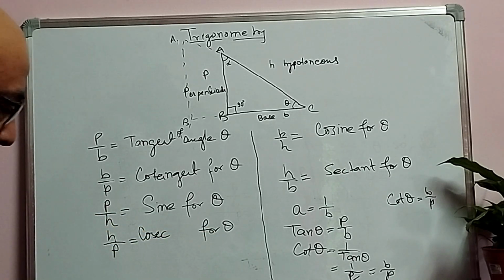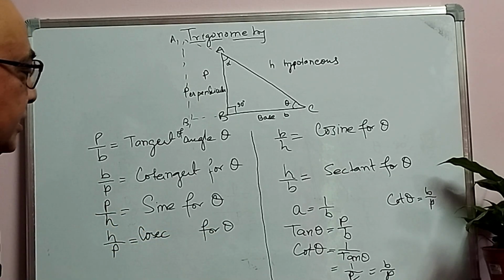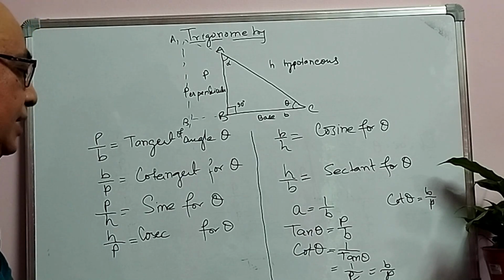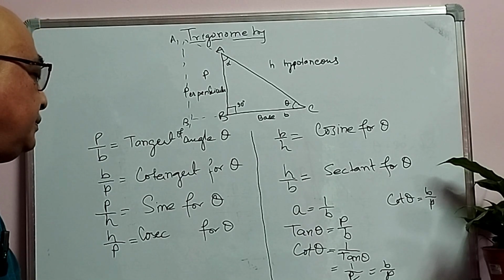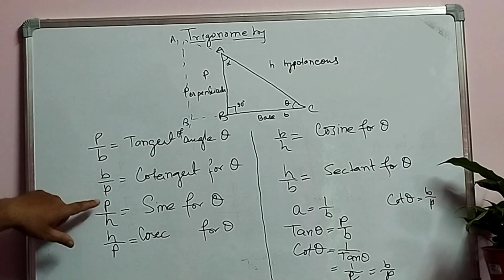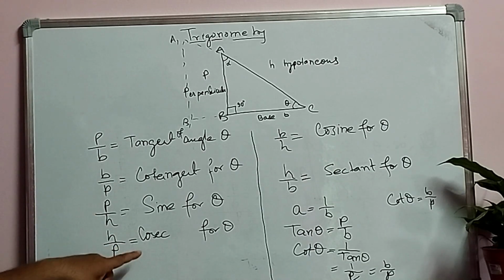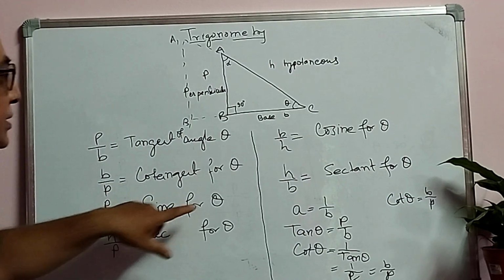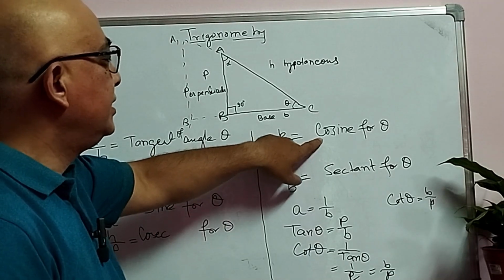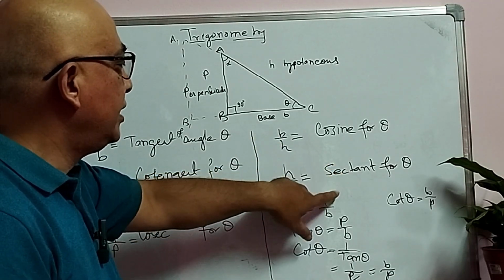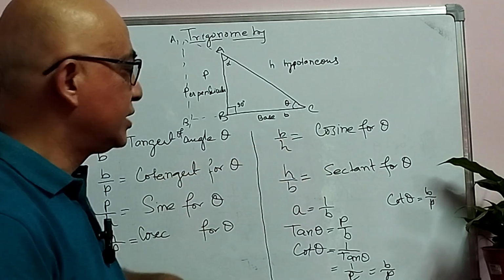That's why cotangent is the reciprocal of tan and tangent is the reciprocal of cot. Similarly, sine is the reciprocal of cosec, and cosec is the reciprocal of sine, and cosine is the reciprocal of secant or sec. Secant is the reciprocal of cosine.